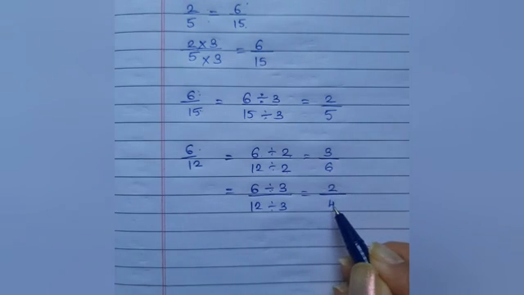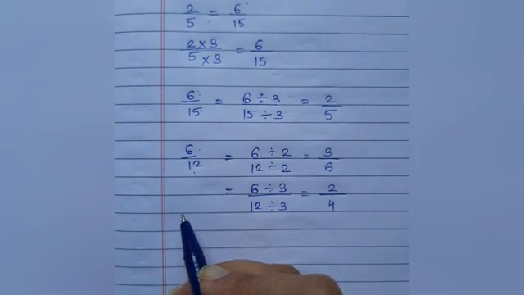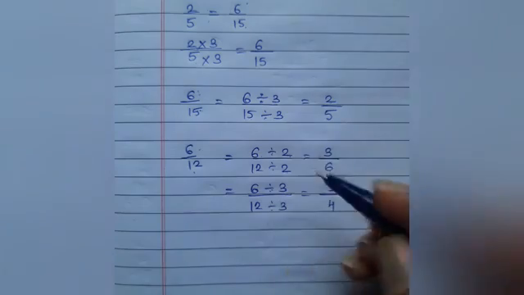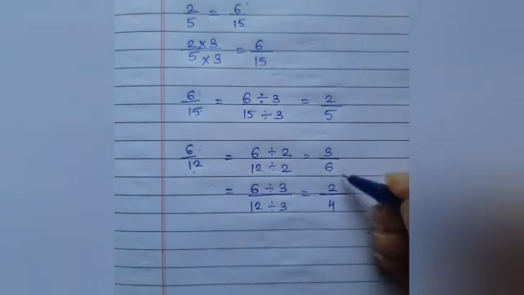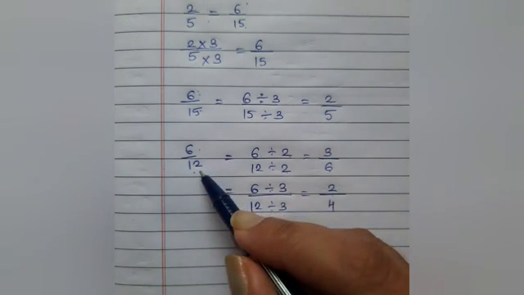The obtained fraction, 2 upon 4, is equivalent to 6 upon 12. Here we obtained two fractions and both are equivalent to the given fraction.